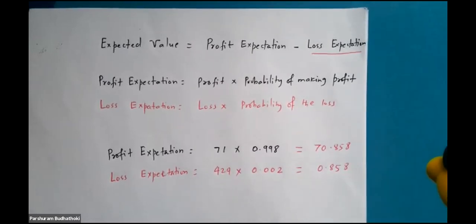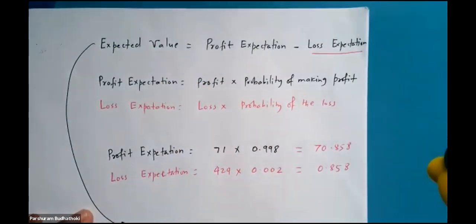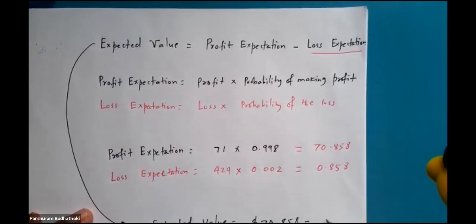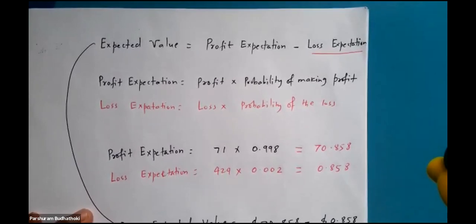So now the expected value, which is this formula, expected value equals 70 bucks 858 cents minus 0.858, which is 70 bucks.